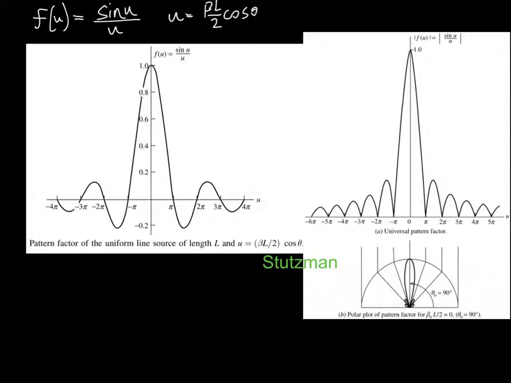And I'll explain this beta naught and theta naught next as they come into play for more general current distributions than what we've given this one as a constant distribution.